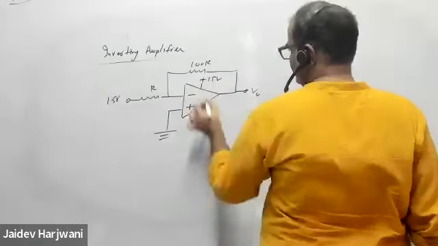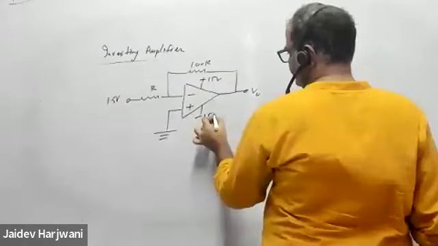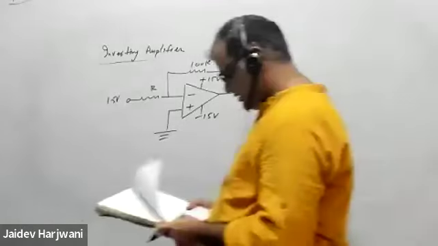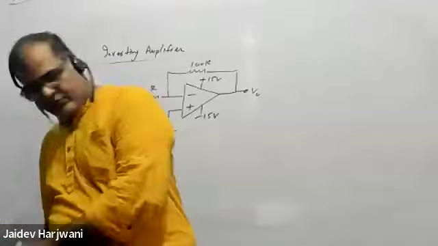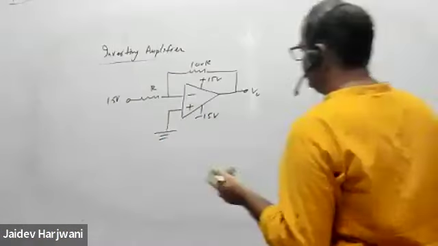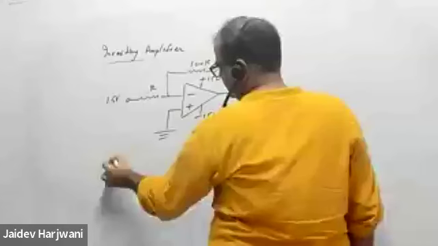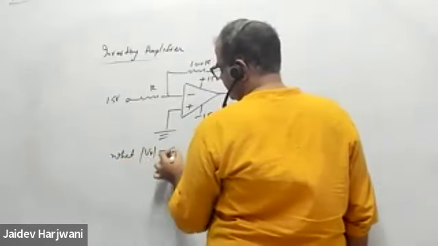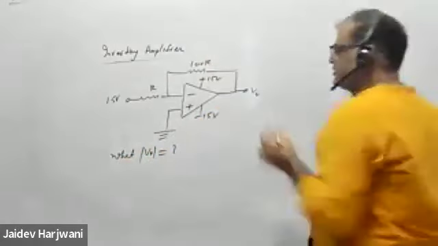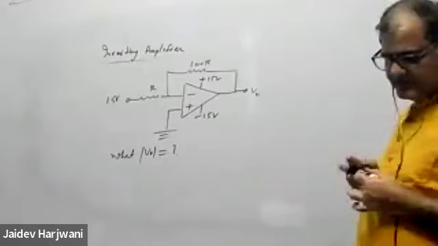This is 15 volt, this is minus 15 volt. Okay. So the question says, what is the magnitude of V naught? What is the V naught magnitude in this case? Tell me, what is the magnitude?